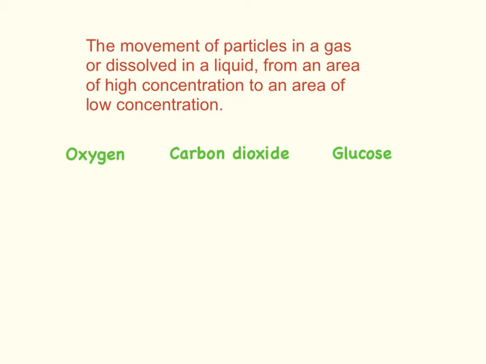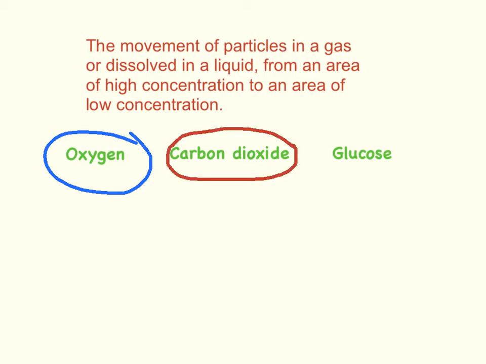The fact that oxygen is going to be moving into cells by diffusion, carbon dioxide is going to be moving out of cells by diffusion, and glucose is going to also be moving into cells by diffusion. Now, if we think about those 3 in particular, why they need to be moving and which way they're moving, it's really obvious.